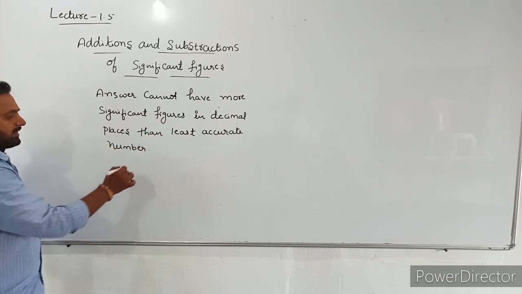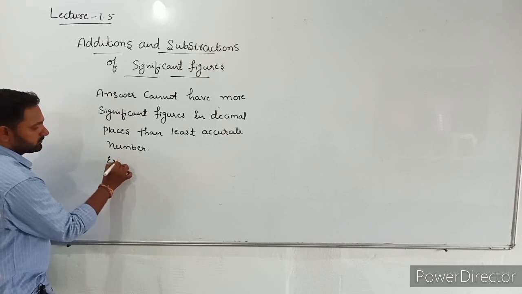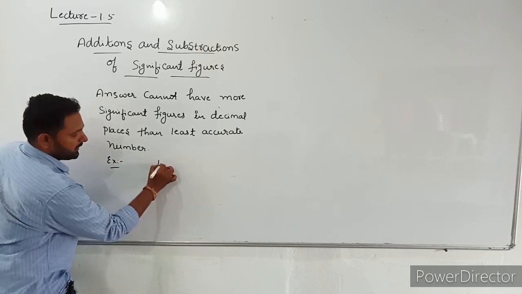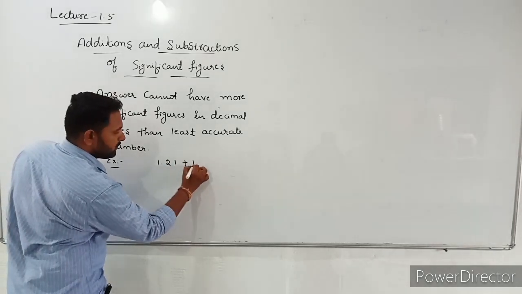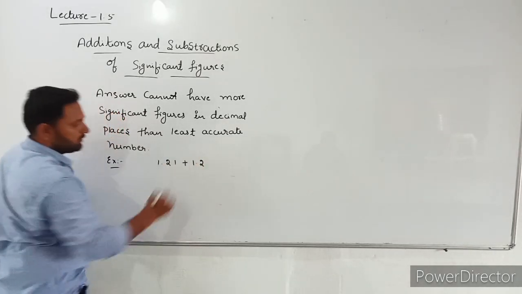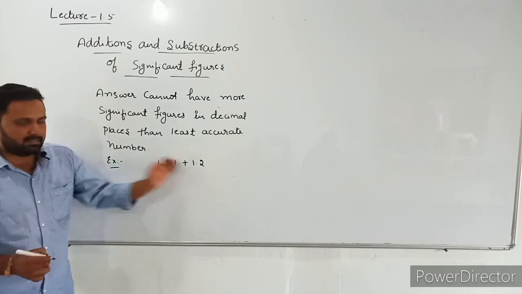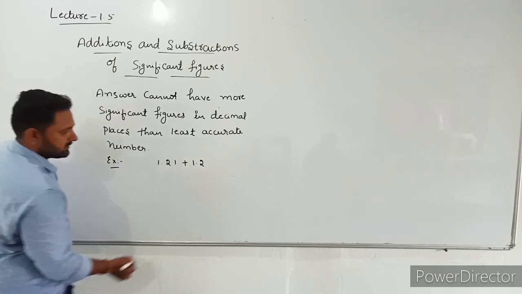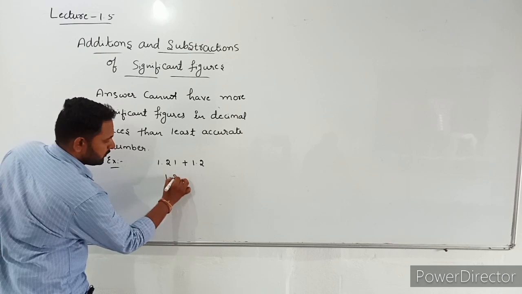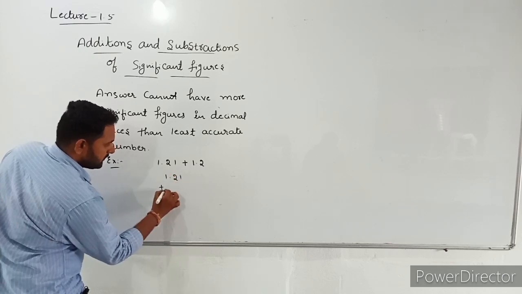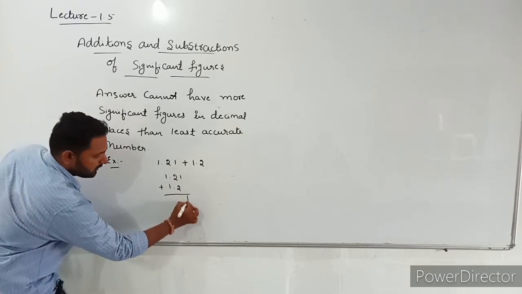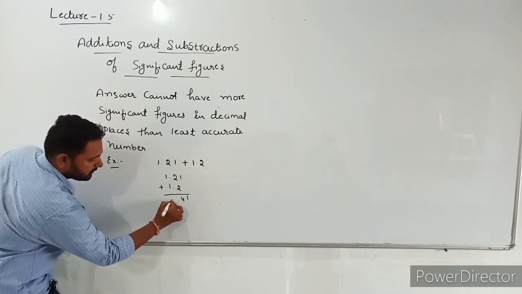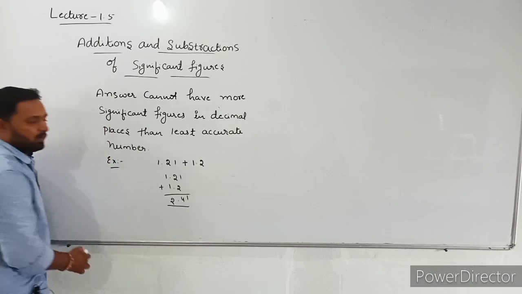Now let us check one example. 1.21 plus 1.2. Now add these two numbers. 1.21 plus 1.2, you will get 2.41.